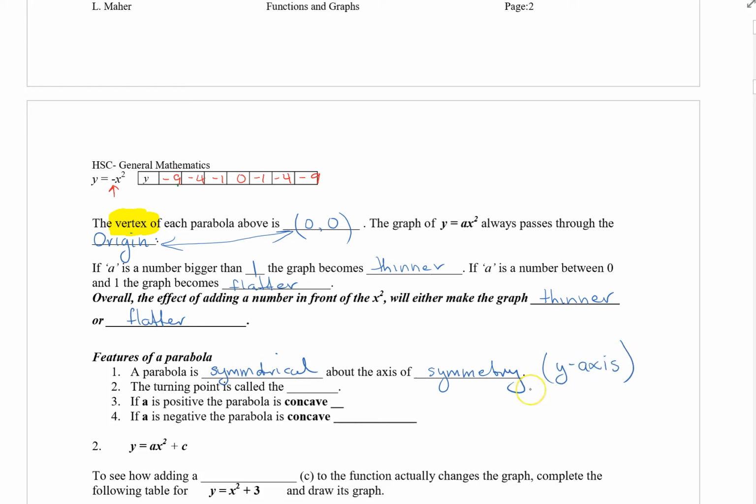If you fold along the y-axis, the graph nicely matches. The turning point is called the vertex. Positive a, it'll be concave up. Negative a, it'll be concave down. And I'll stop the video there.